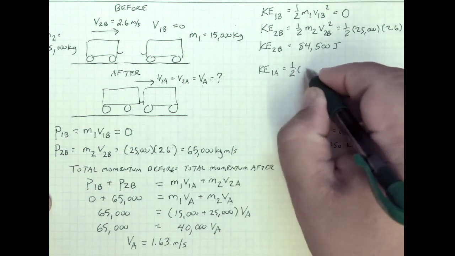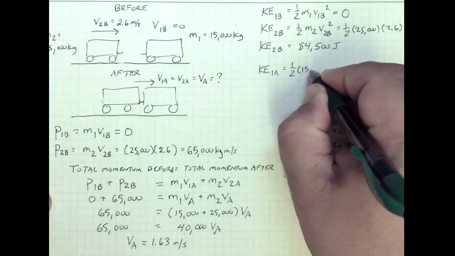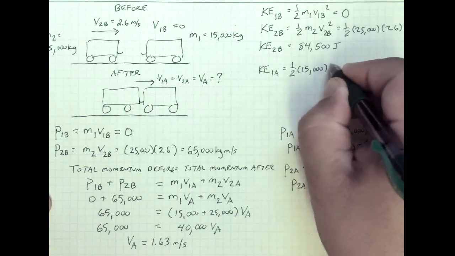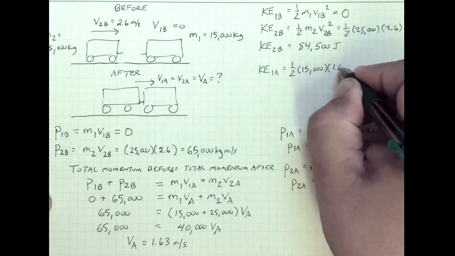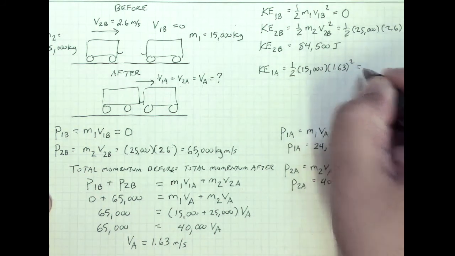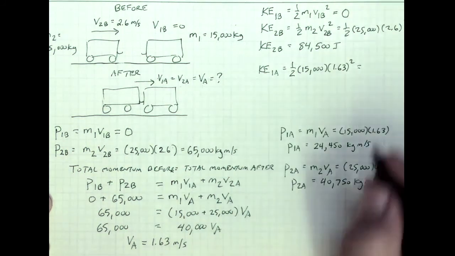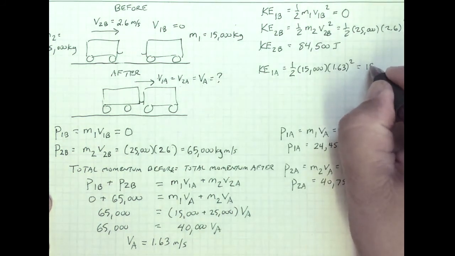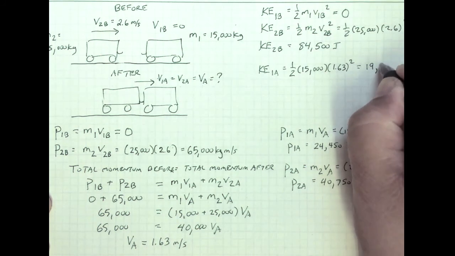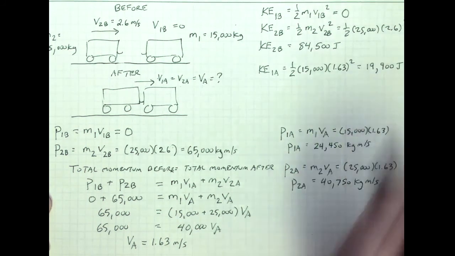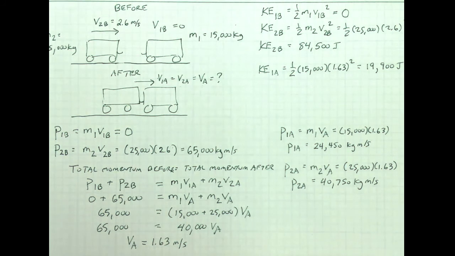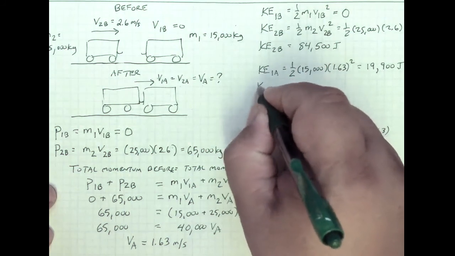That's 1/2 times the mass, 15,000 kilograms, times their common velocity afterwards, 1.63 meters per second squared. And after the collision, car number 1 has a kinetic energy of 19,900 joules. So car number 1 gained 19,900 joules in the collision.